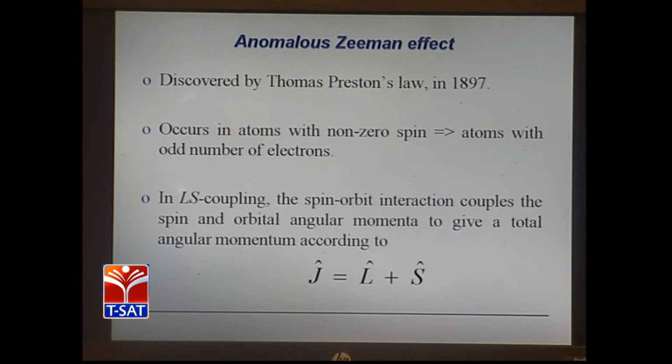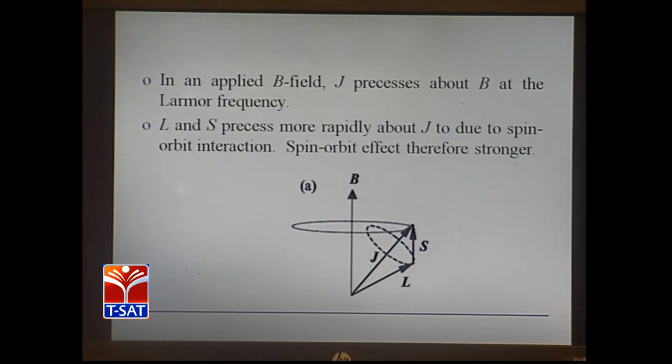This coupling has been introduced by Landé in 1920, and he introduced that the L value and S value are not separate, they should be added together to produce a J value. J is the total angular momentum, and hence the value will be J is equal to L plus S added vectorially, and this vector addition can be observed now.